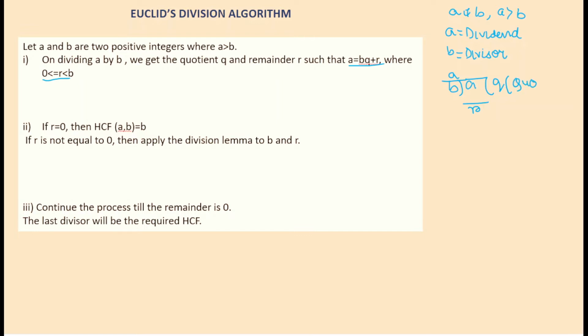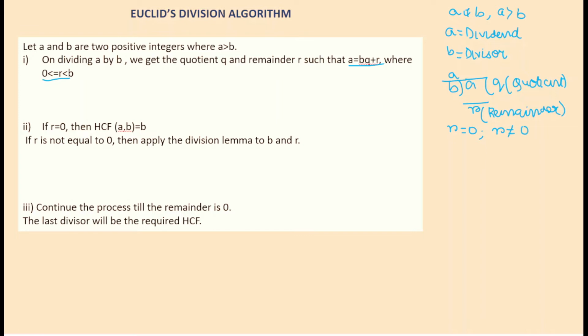The value of the quotient can be anything and the value of the remainder can be anything. Now, there are two possible cases for the remainder. First, the remainder can be equal to 0, or the remainder may not be equal to 0.